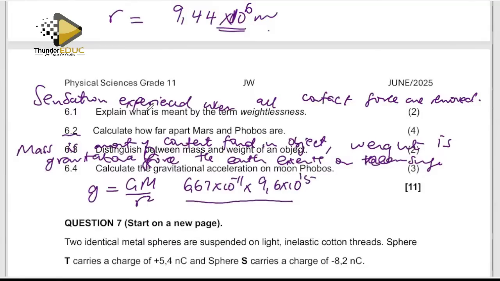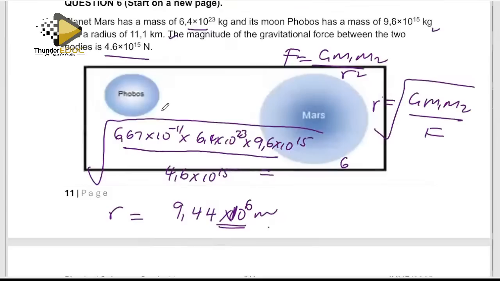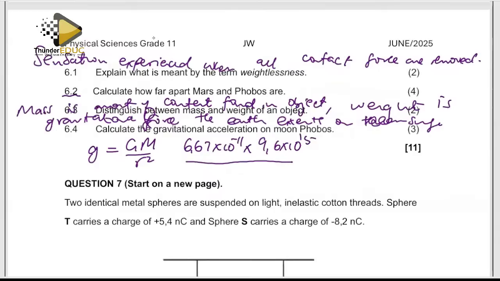Okay, so what is the radius of Phobos? They told us it is 11.11 multiplied by 1,000, which is 3,100. Okay, so that is 3,100. We square that. So meaning that our acceleration is going to be 0.05 meters per second squared.